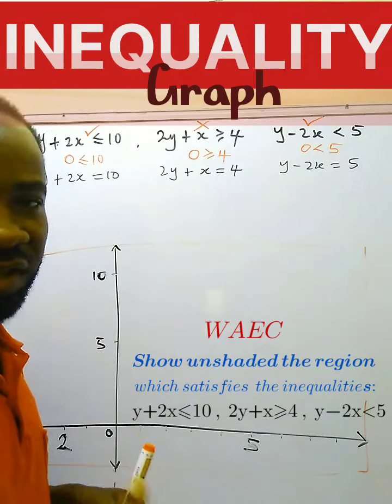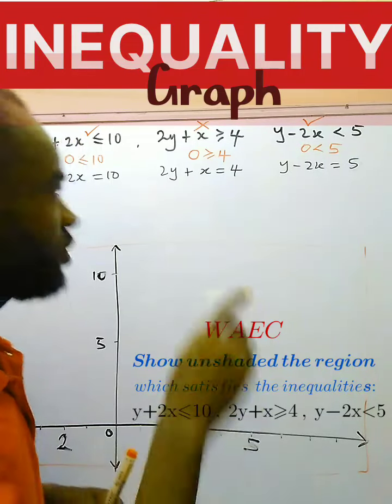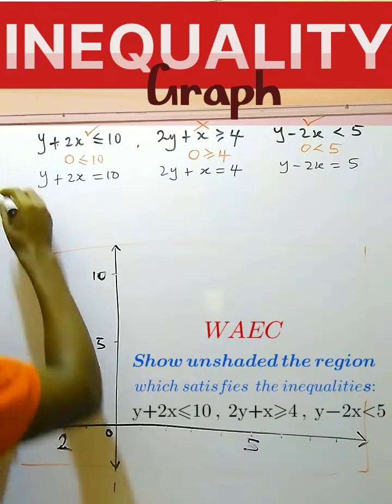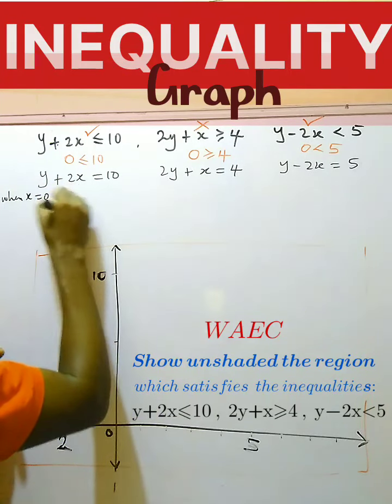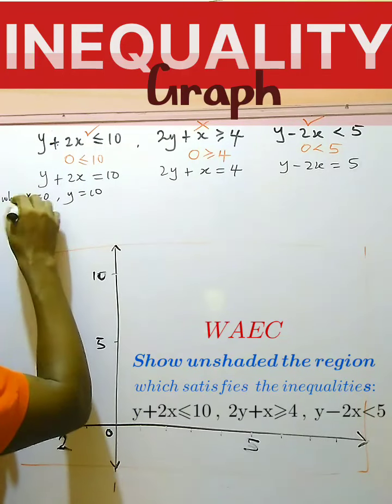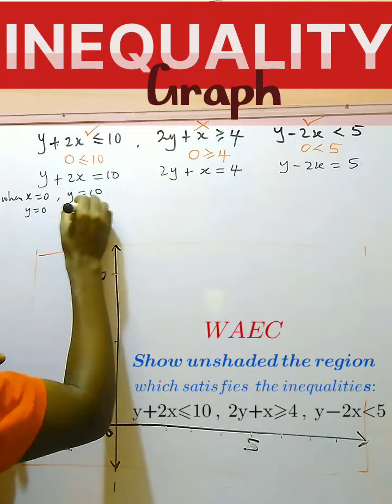We start when x is 0. When x is equal to 0, y will become 10. And when y is 0, x becomes 5.